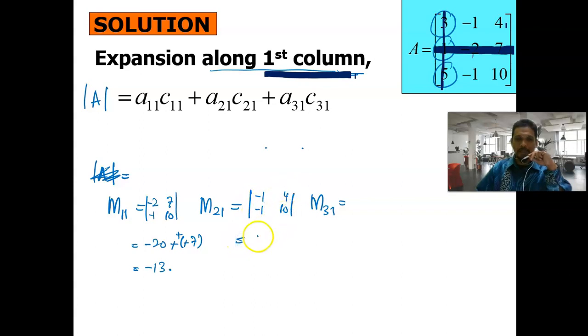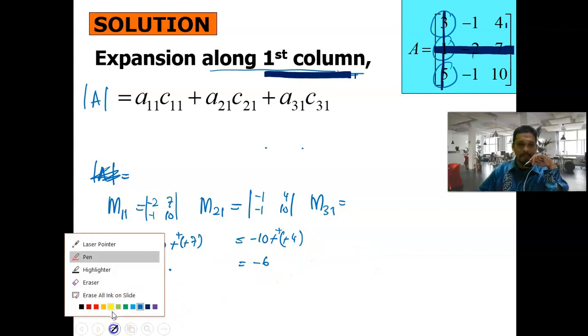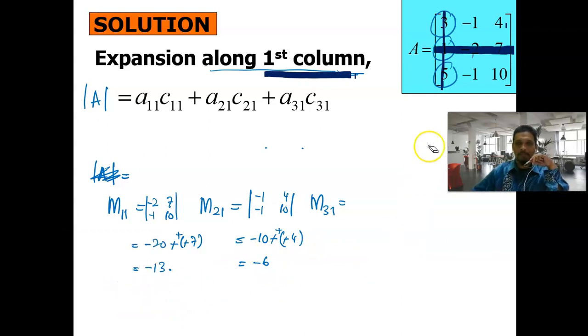So negative 1 times 10 equal to negative 10, minus 4 times negative 1 equal to negative 4. So negative times negative becomes positive. So negative 10 plus 4 equal to negative 6. Okay. Then next, we delete the element in row 3.